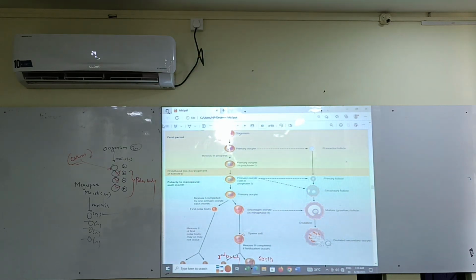A large number of these follicles will degenerate during the phase from birth to puberty. Therefore, at the time of puberty, only 60,000 to 80,000 primary follicles are left in each ovary.